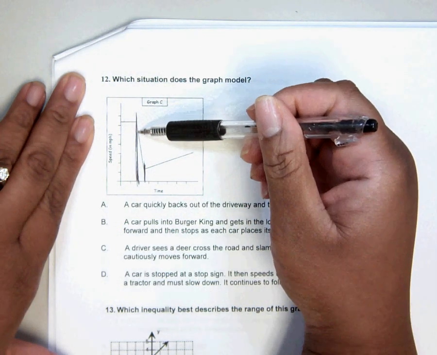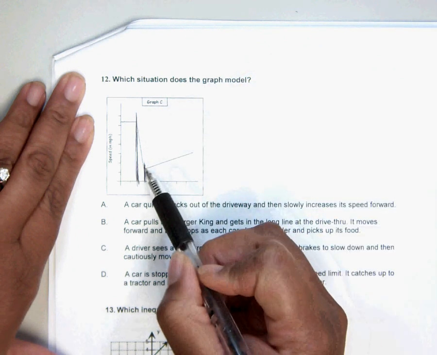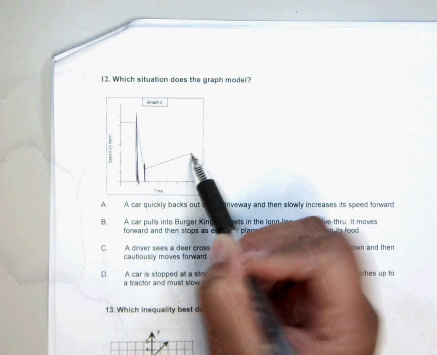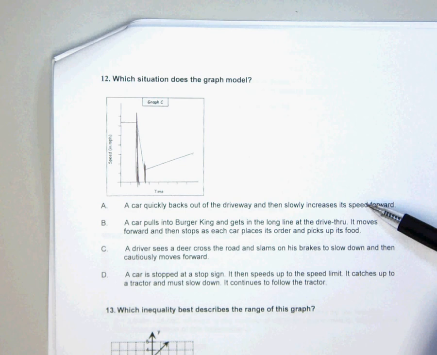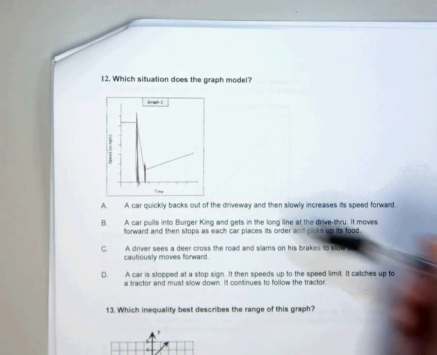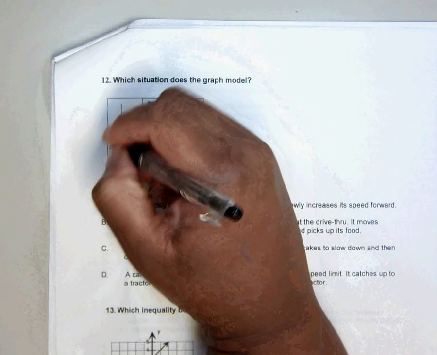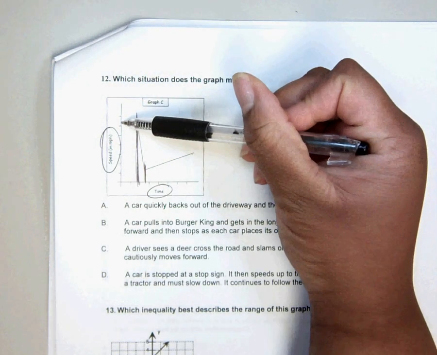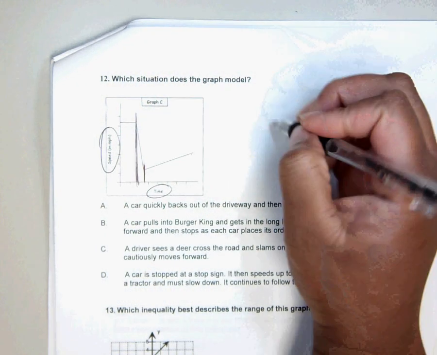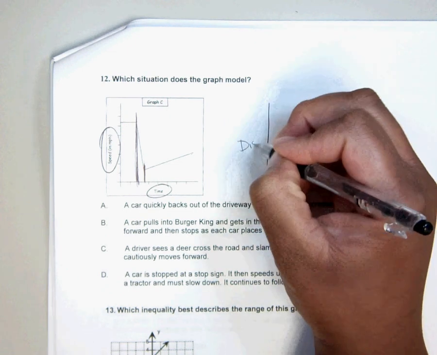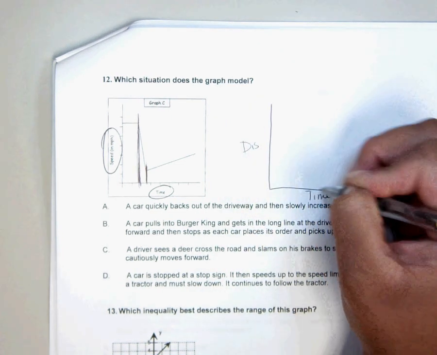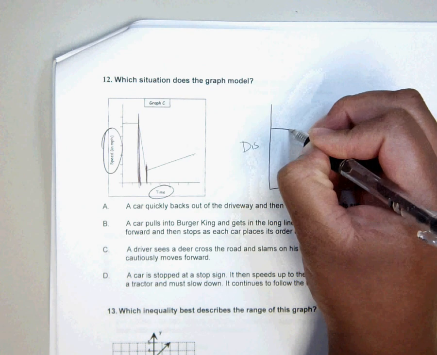This is going down really quick and then this is coming back up. So can we find an A, B, C, or D that does what we see here? And we're talking about time versus speed. So, we're used to seeing distance versus time. And for distance, this would mean to stop.